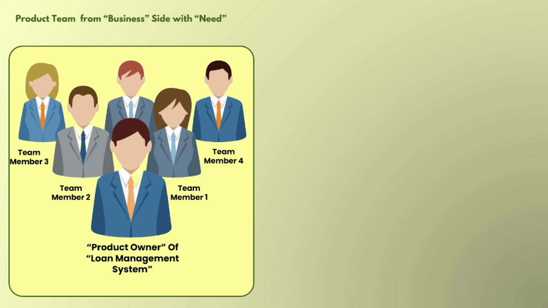The product owner plays a key role in driving the initiative and making critical decisions. Alongside the product owner, there is a product team consisting of various members, each with unique needs and expectations from the new system. Their goal is to enhance efficiency in loan management by addressing their specific challenges.